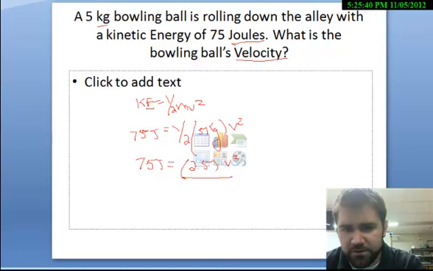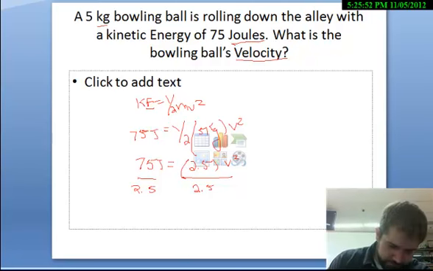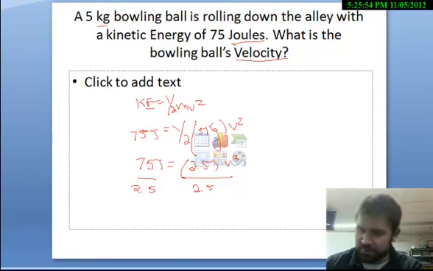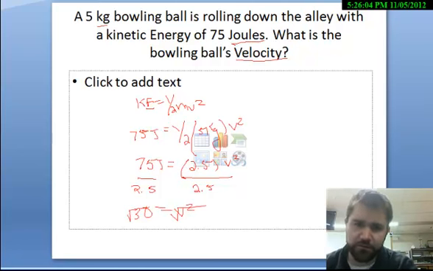I'm going to divide by 2.5. 75 divided by 2.5 is equal to 30. So 30 is equal to velocity squared. Therefore, velocity is going to equal the square root of 30.